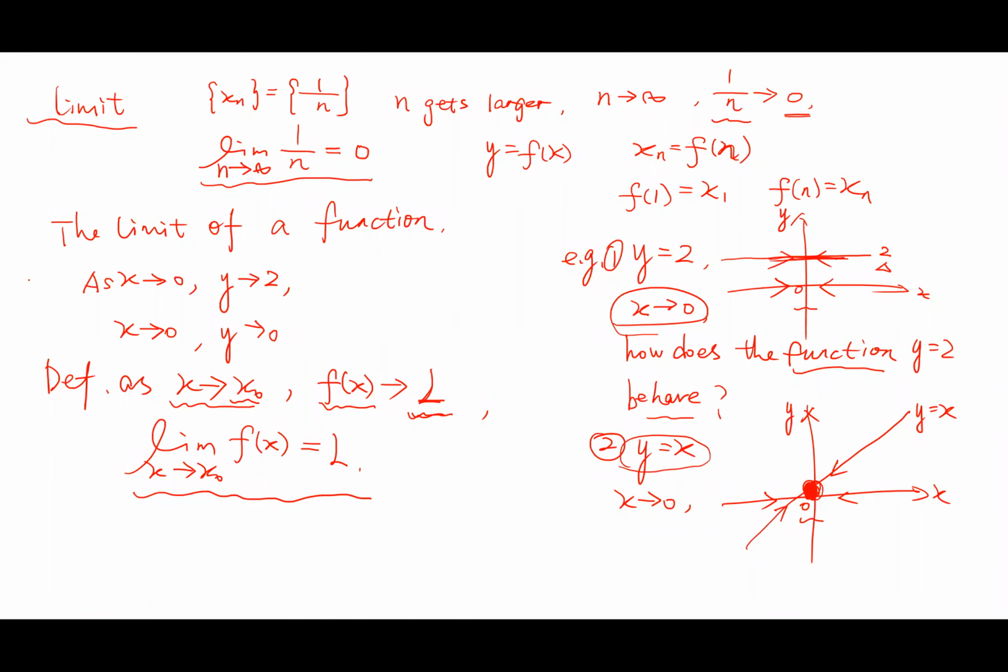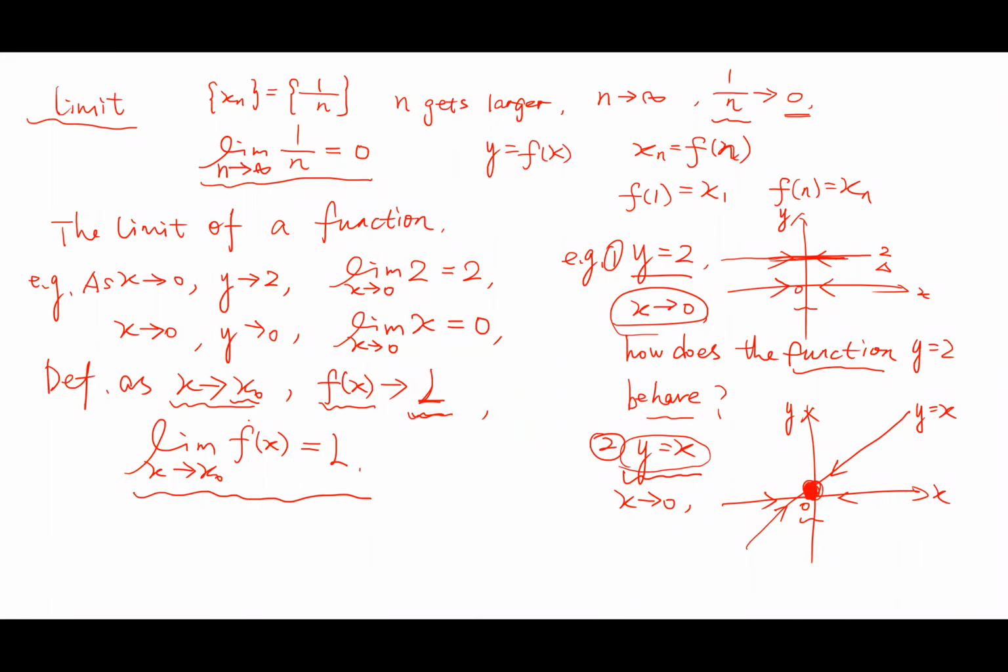So for the first example, as x approaches 0, the function y equals 2, the limit is 2. And for the second example, as x approaches 0, the function y equals x, we write x here, that equals 0. So here is the definition of the limit of a function.